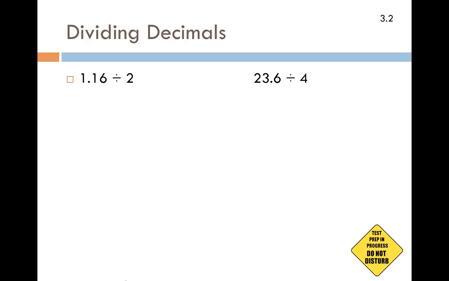Does anybody know the 4 steps for long division? What are those 4 steps that we have to use for long division? There you go, John. Divide, multiply, subtract, and bring down. Excellent.